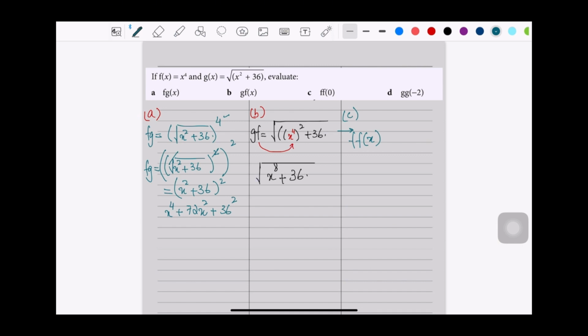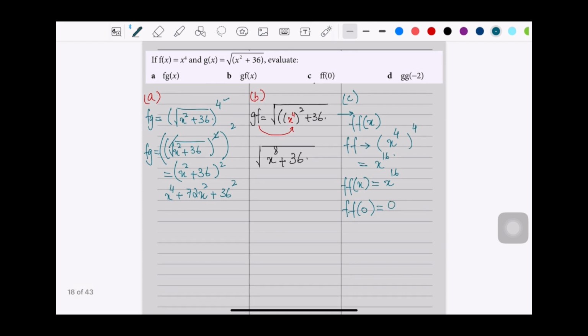So f of f means in x to the power of 4, you place x to the power of 4 again, hence giving you x to the power of 16. And then f of f of x is equals to x to the power of 16, and then place the value of 0 instead of x, which gives you 0. Now I'll solve this g of g of negative 2 with the other approach.